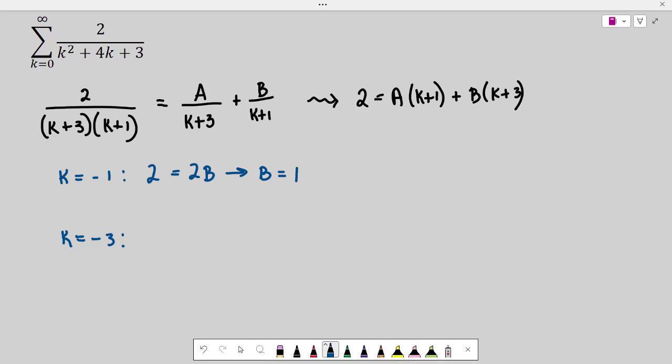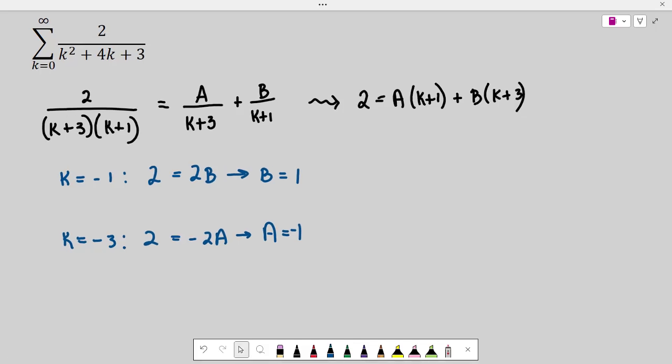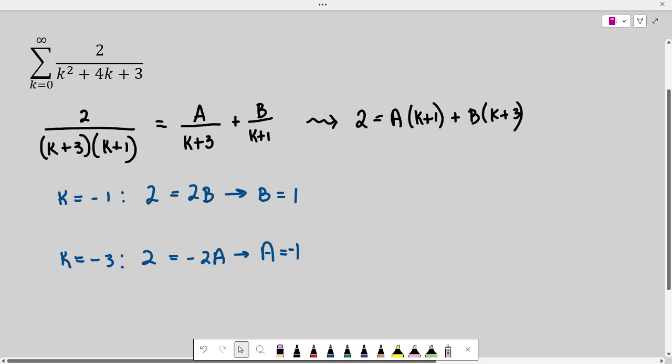Then let's plug in the -3. On the left we have 2. And then we get -2a plus 0 on the right. So this tells us that a is -1. Alright. So now we have the series rewritten in telescoping form.